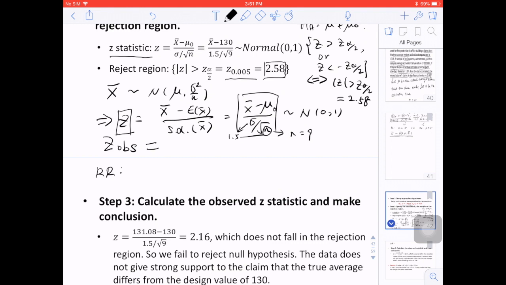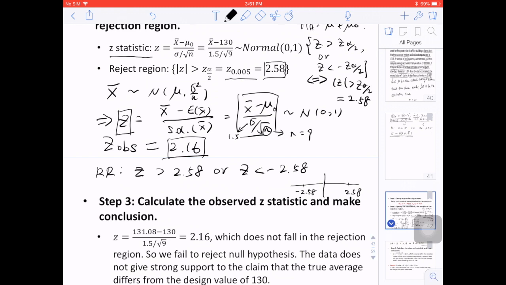After calculating, my observed z is equal to 2.16. And my rejection region is z larger than 2.58, or z smaller than negative 2.58. You compare whether this value falls into the rejection region. So this would be negative 2.58, positive 2.58, and z observed is here, 2.16.